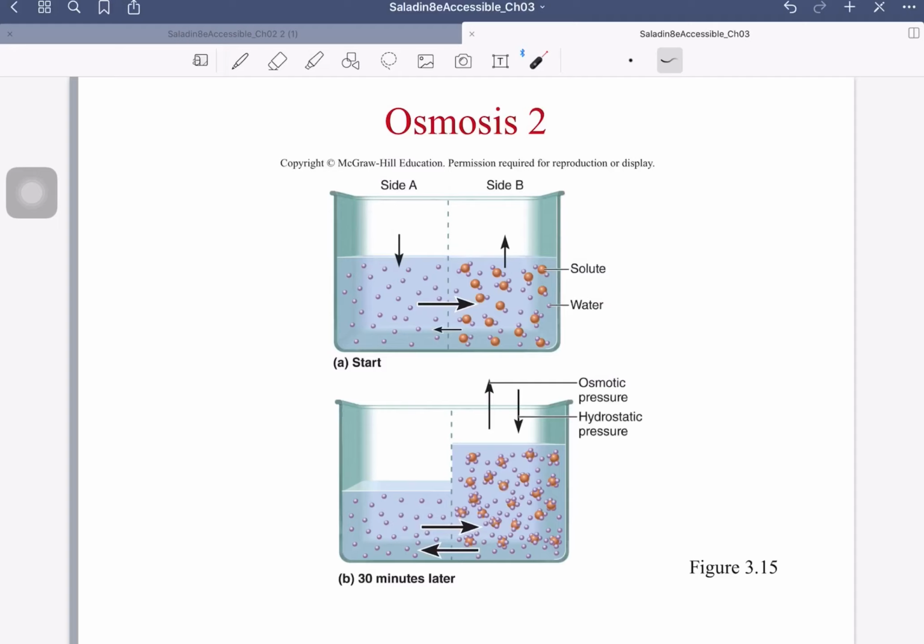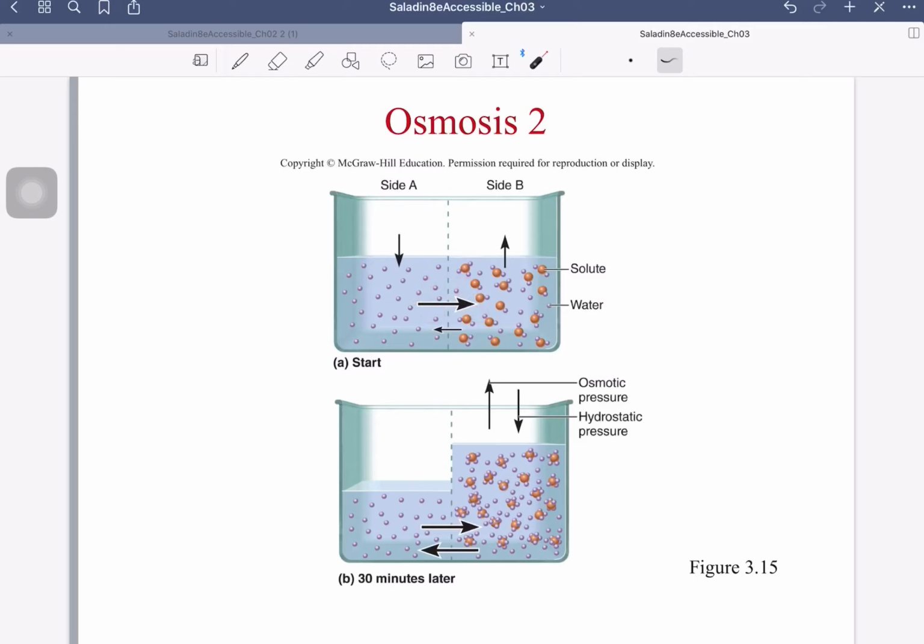So since they cannot move, water will move to try and even out the solution. And that's what we see happening: a net movement of water across the semi-permeable membrane, almost like it's trying to dilute this solution, so that I'd end up with, theoretically, equal amounts of solute on each side.